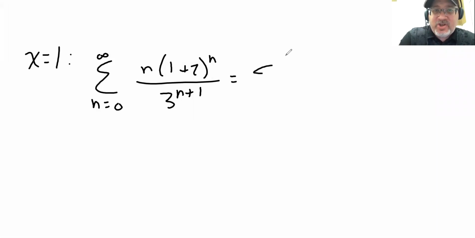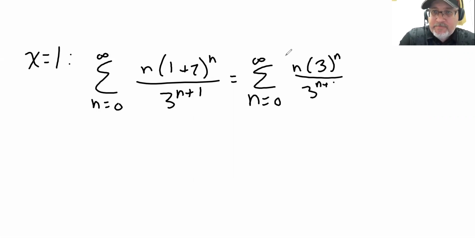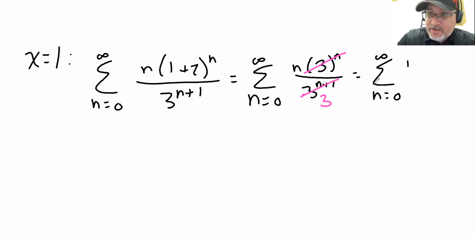That gives us the sum of n equals 0 to infinity of n times 3 to the n over 3 to the n plus 1. So we got a lot of canceling 3's. These 3's cancel, most of those, and that leaves 1 behind. And we have the sum of n equals 0 to infinity of n over 3.